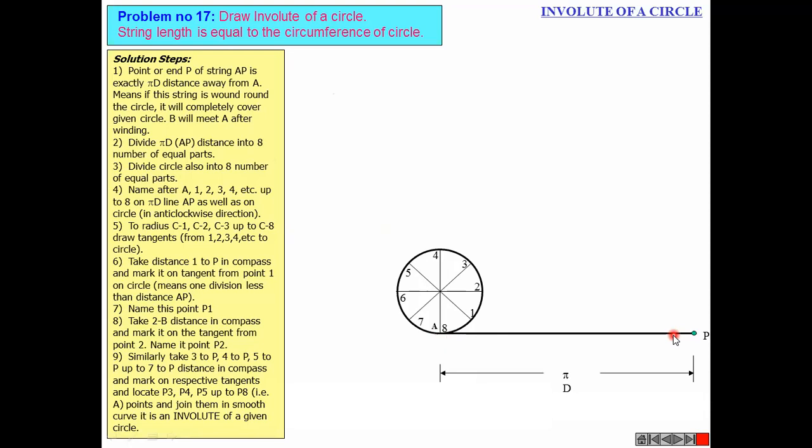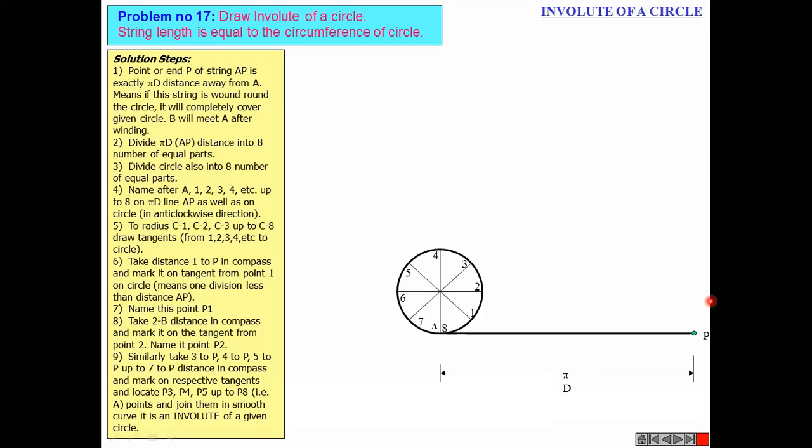So pi d, and 5 centimeter is our diameter, so around 16 or 17 centimeter long this line can be for this given problem. It should seem as if we have opened this periphery. Are you getting me? It should seem to you that we have opened this periphery.